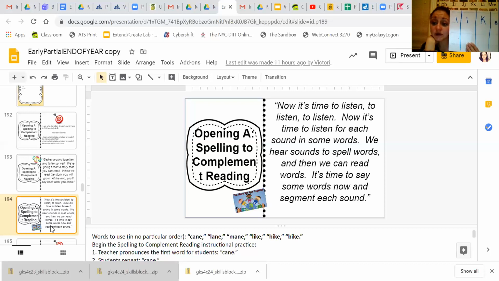I hope you're practicing with me because you're going to have a test in a few minutes to see if you guys know all these words. Some with long vowel sounds, some with short vowel sounds. See how well you guys can do it. All right, now we're going to do the word "hike." Okay, remember, tap it out. H, I, again.